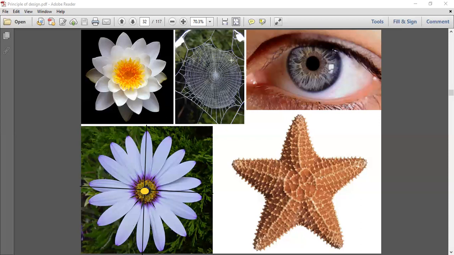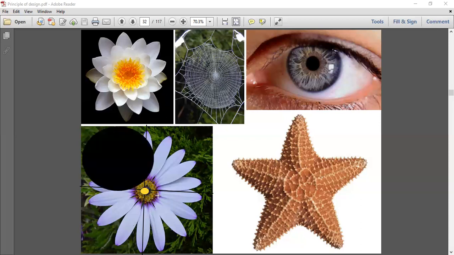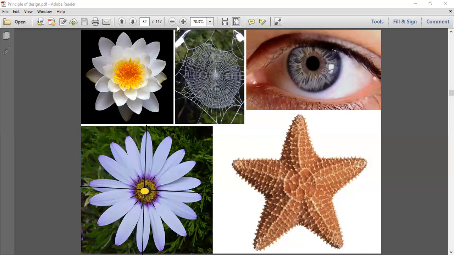Now in a radial balance, what will happen? You find out the central point, and you can run several lines in whichever direction you like. It can be diagonal, it can be anything. These are all the diameters, or the radius, which are running.